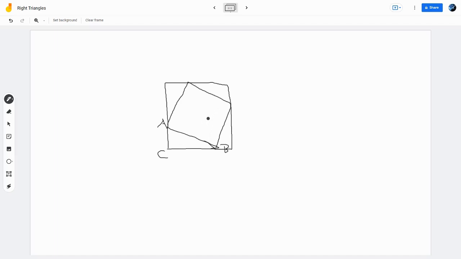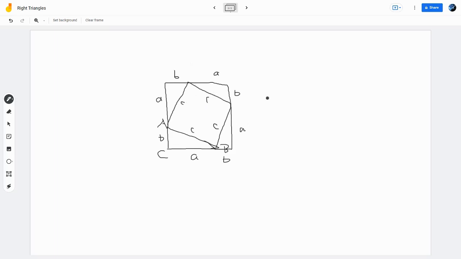Something nice about this, let's call this side B and this side A. So now we have 4 duplicates of our triangle. So this is A, this is A, this is A, this is B, this is B, this is also B. And this side we'll call C, so this is all C.